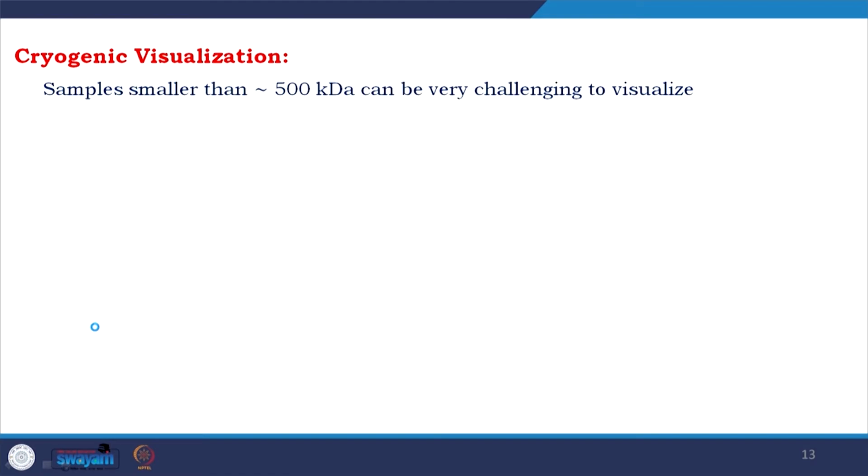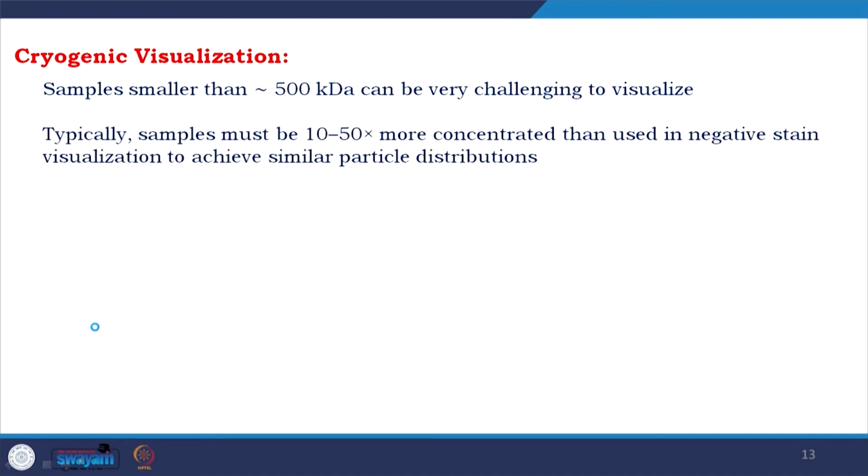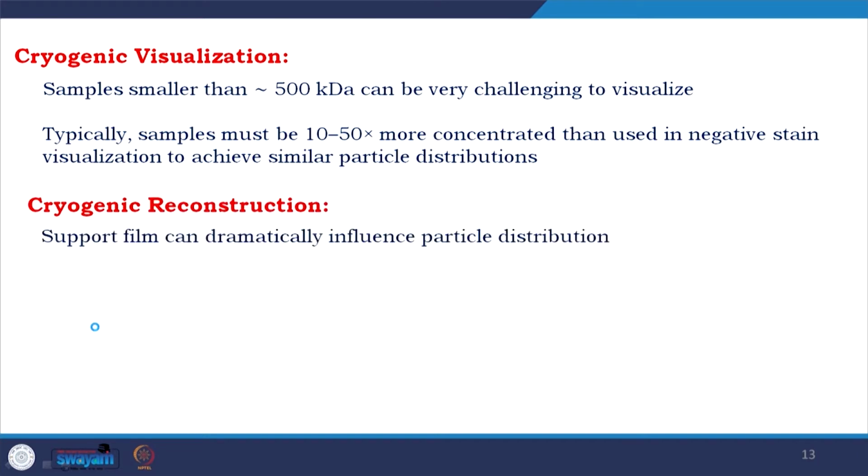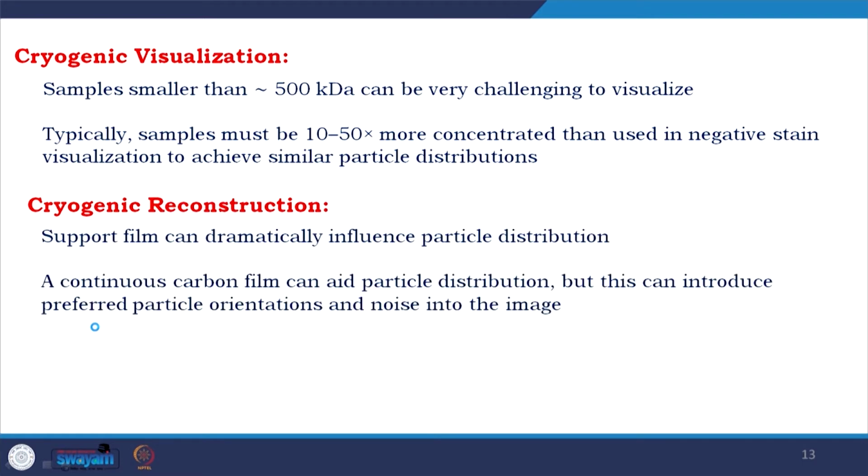Samples smaller than 500 kilodalton can be very challenging to visualize with cryogenic visualization. Typically, sample must be 10 to 50x more concentrated than used in negative stain visualization to achieve similar particle distribution. Coming to cryogenic reconstruction, for single particle, support film can dramatically influence particle distribution. So, support film is important.